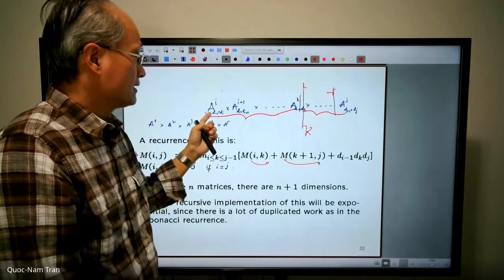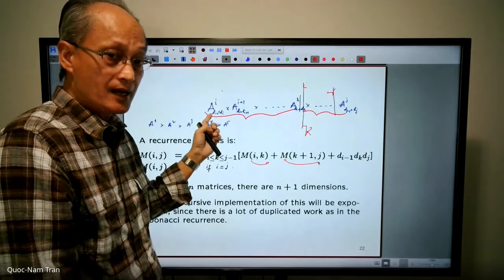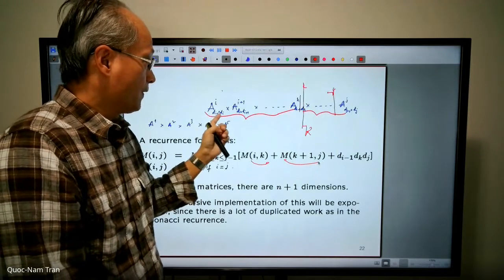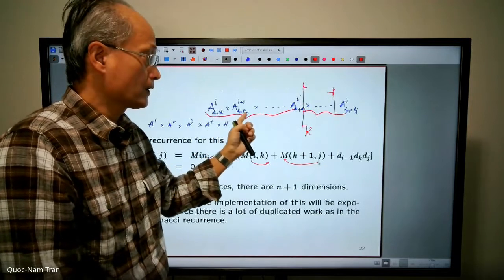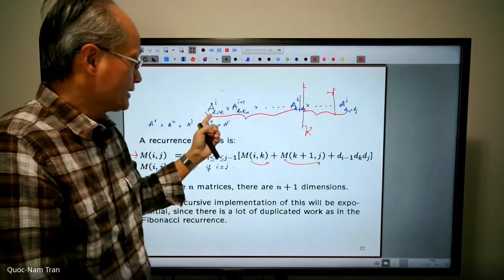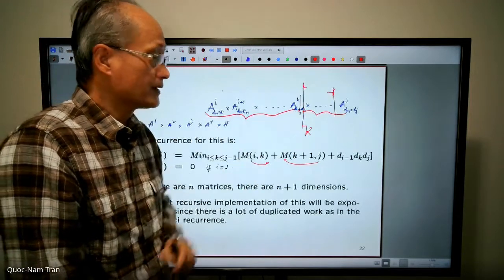Assume that matrix I has d_{i-1} times d_i, row, column. So the result here will have d_{i-1} rows and d_k columns.